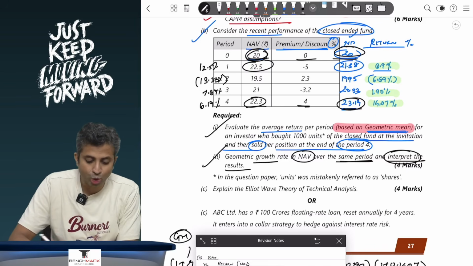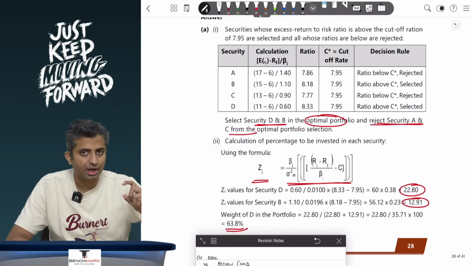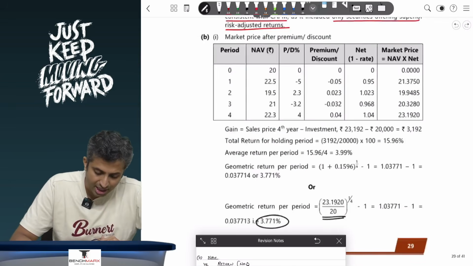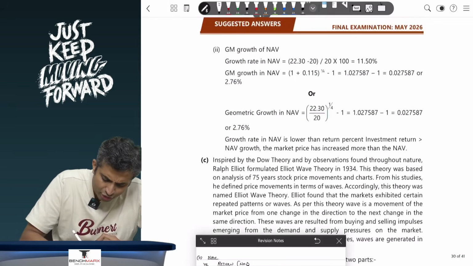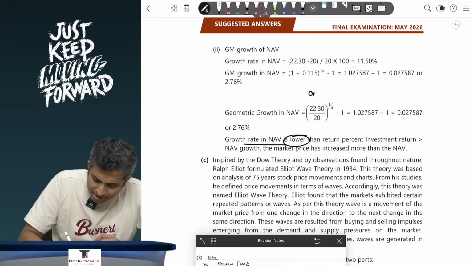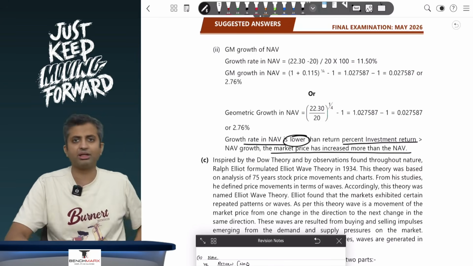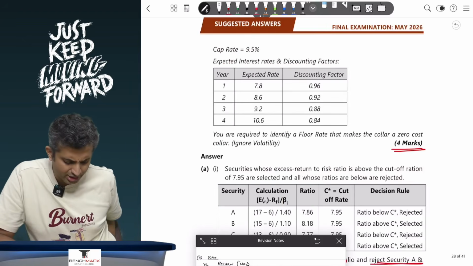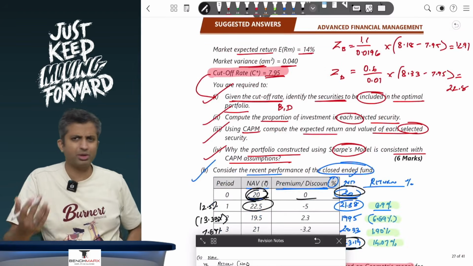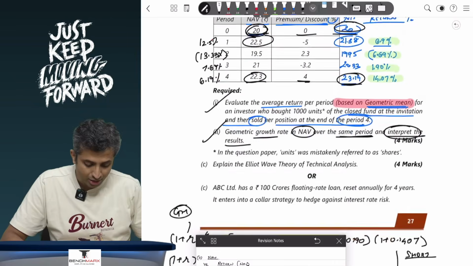The reason over here is because the market price is at a premium. So at the end, the growth rate in NAV is lower than the return percentage, because the market price has increased more than the NAV. So the market price at the end is at a premium, and that is why your answer. So we have also tried to discuss harmonic mean, geometric mean, alternative methods so that you can solve.